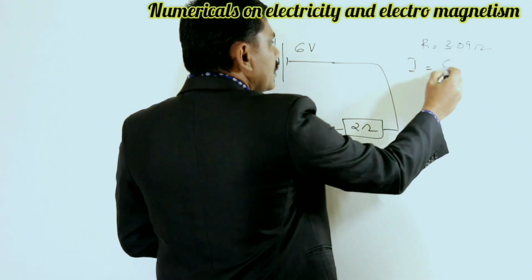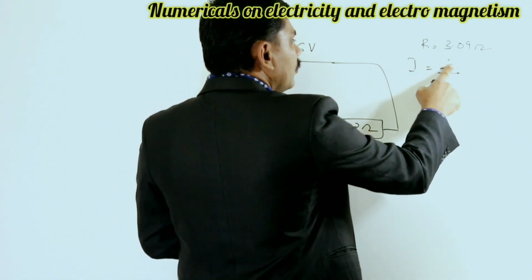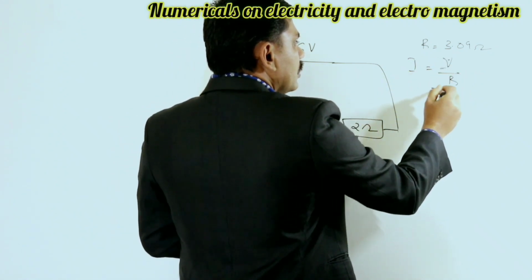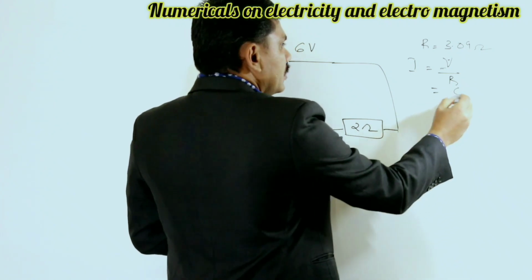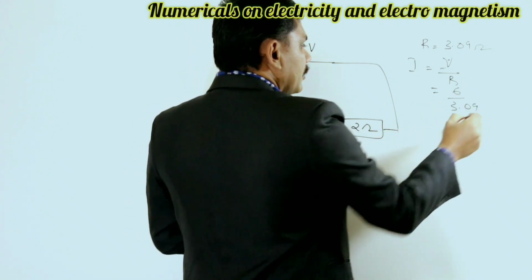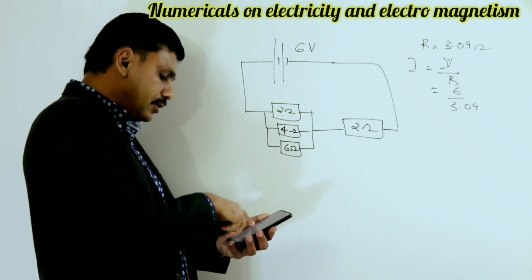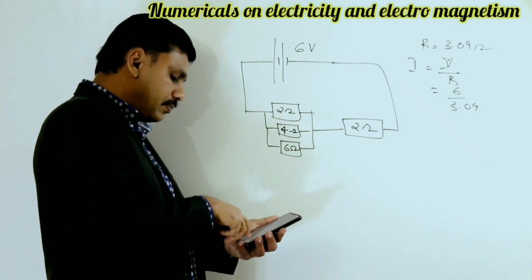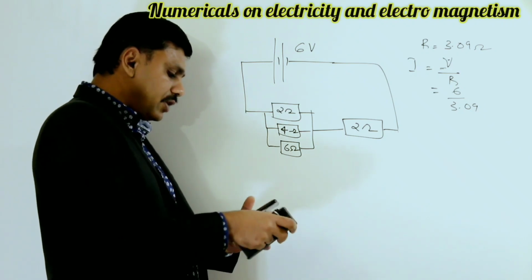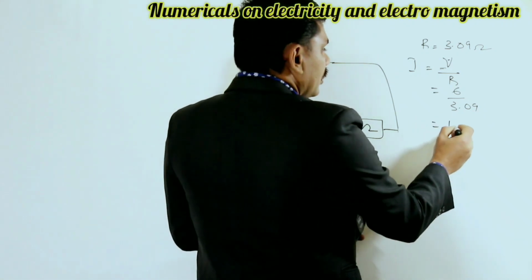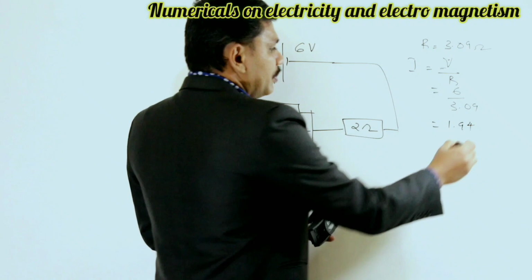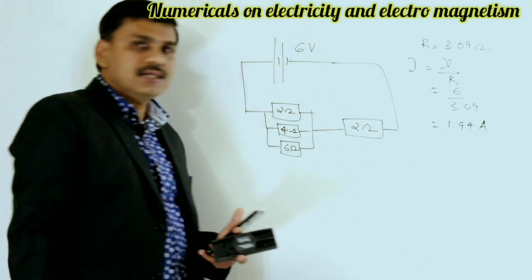Current equals voltage divided by resistance. So 6 divided by 3.09. It will be 1.94 ampere. So you are getting the current.